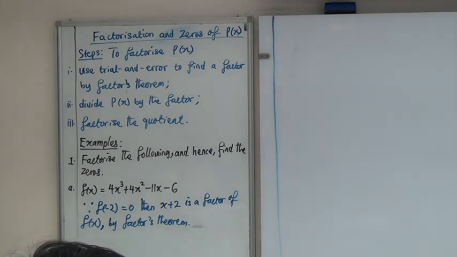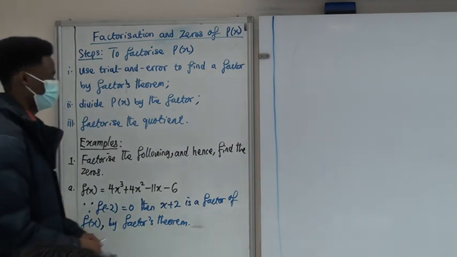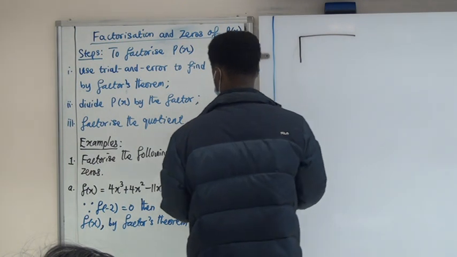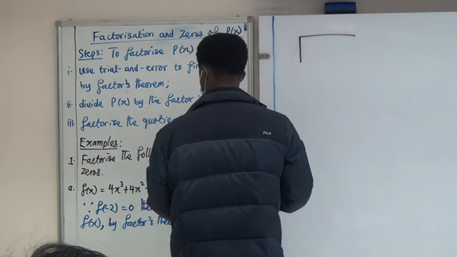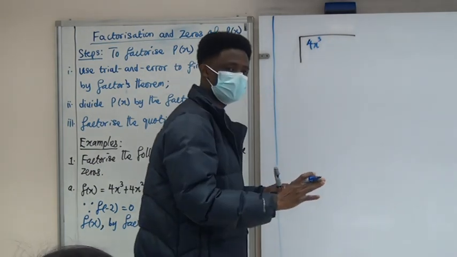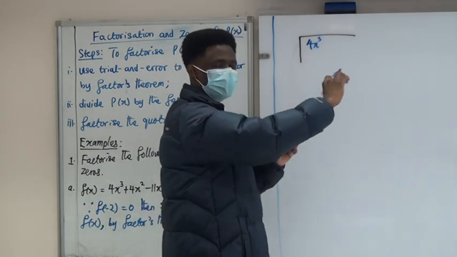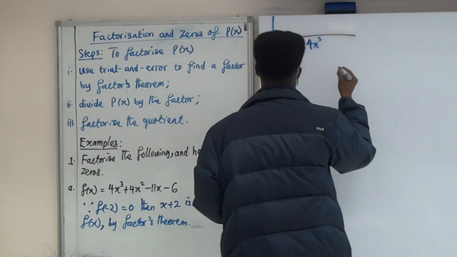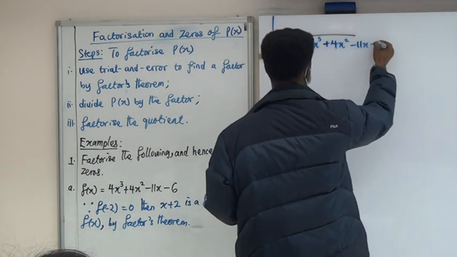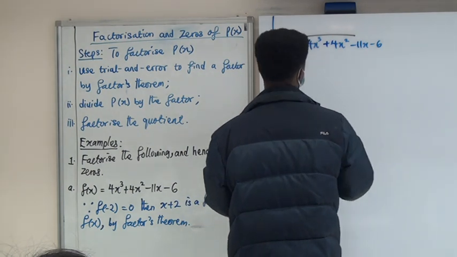Understand? Great. Now that we have found one factor, the rest is to divide. Your polynomial is 4x cubed. Remember all the rules for division. You should leave space if a particular term is not included. 4x squared minus 11x minus 6.